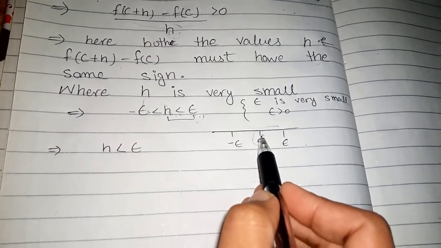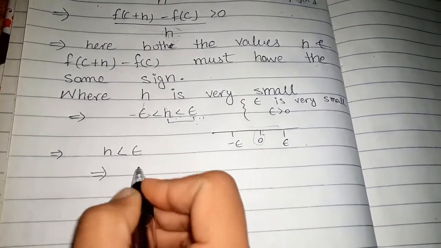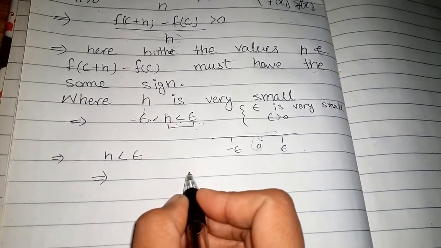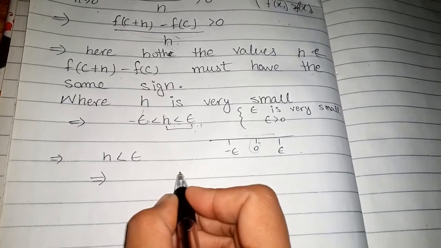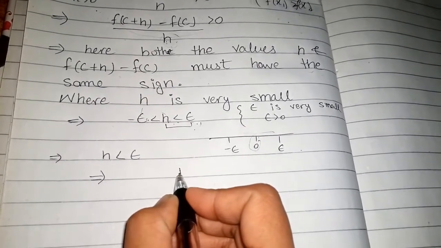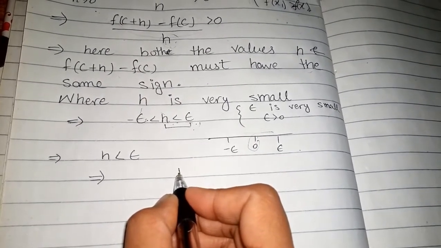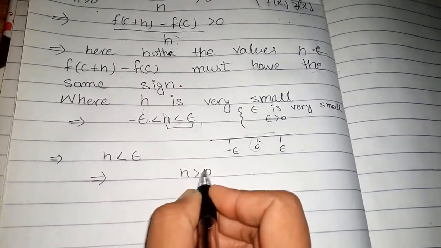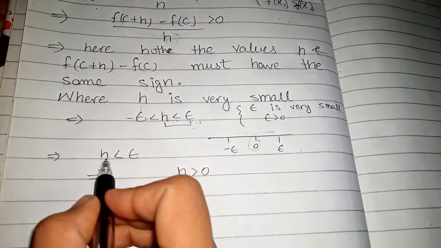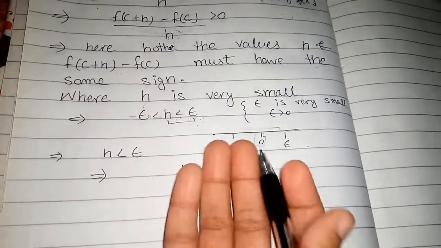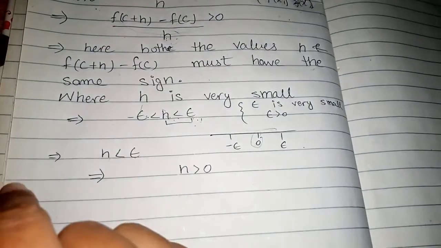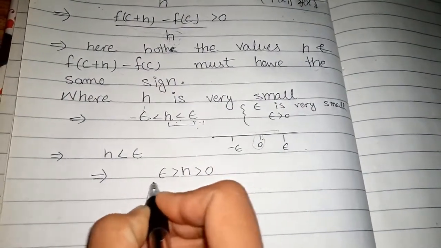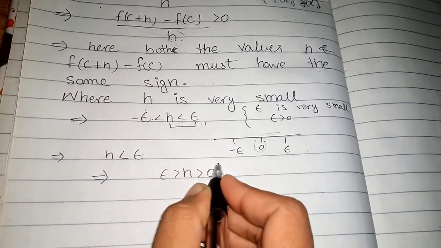Then we write here that h must be greater than 0. If we take h less than epsilon, then reversely we write epsilon is greater than h.